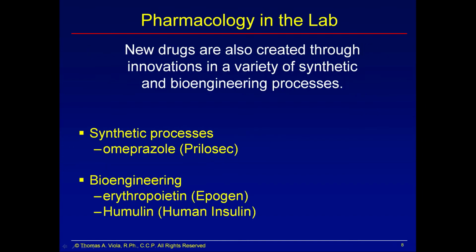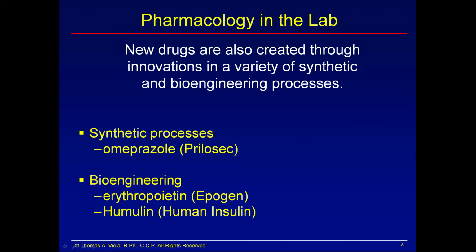Well, we could even get drugs from synthetic processes like omeprazole, Prilosec. That's derived specifically because we used an electron microscope to figure out what the receptors look like on the proton pump in your gastric pits, those parietal cells that pump out acid.